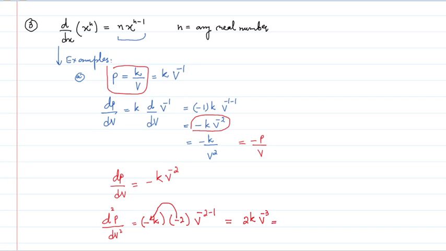Or you can simply write this in this form also. So what we have done, we have simply used this simple formula. Now we will take a few more examples so that you can understand this fully.